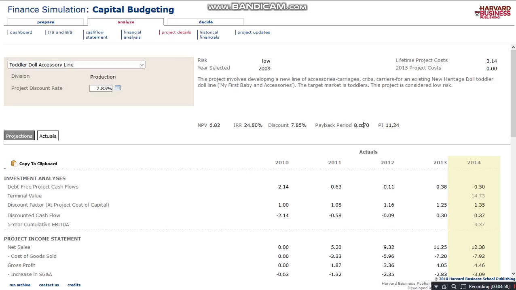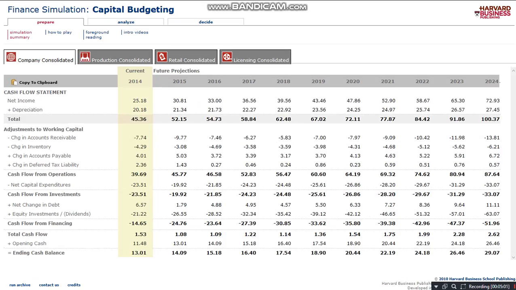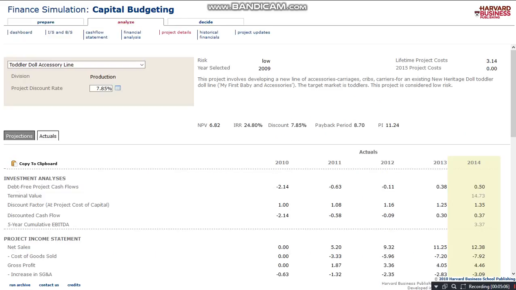Sorry about that, I got some glitches earlier. For this one I will examine just a few of the projects that I have chosen, because there are a lot of them and I just want to show how I use the project details to make my decision better. So for 2009, I think I chose the toddler doll accessory line.